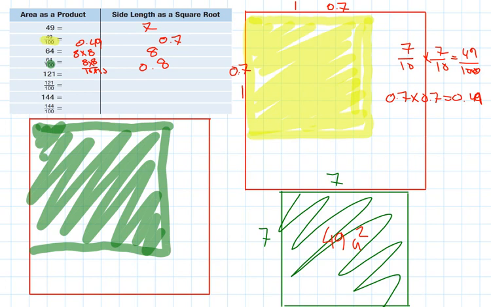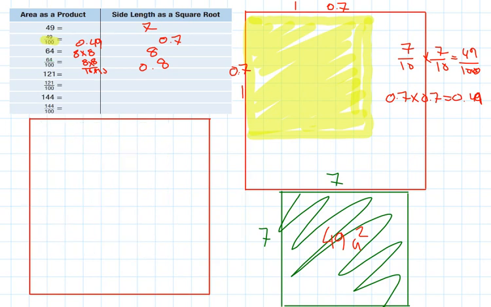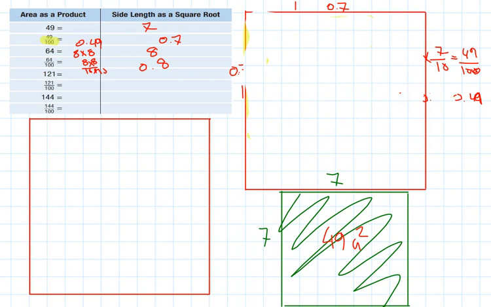Now the difficulty would be if you have something that is larger than 1. So what would you do in this case? Let's erase this and see what we can do here.